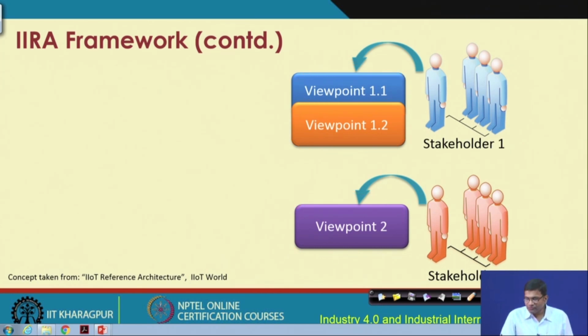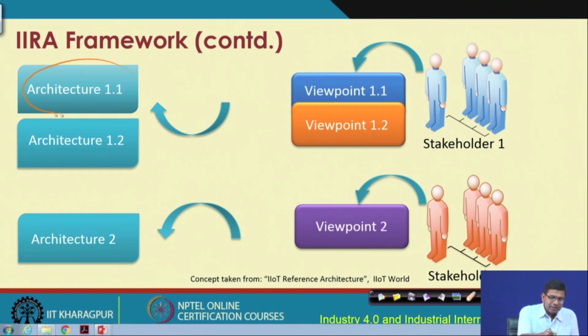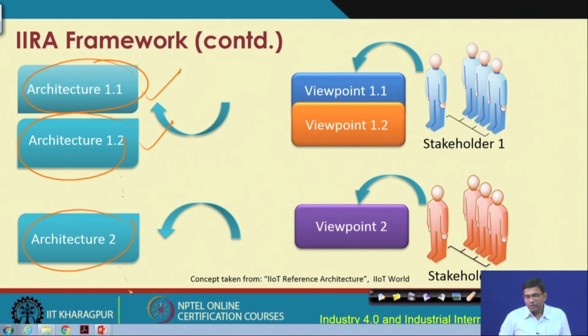So, that is the concept of viewpoints, which is basically a collection of different ideas from different stakeholders. These viewpoints essentially help in coming up with different architectural components, architecture 1.1, 1.2, etc., and architecture 2.1, 2.2, etc., mapping directly to these different viewpoints.